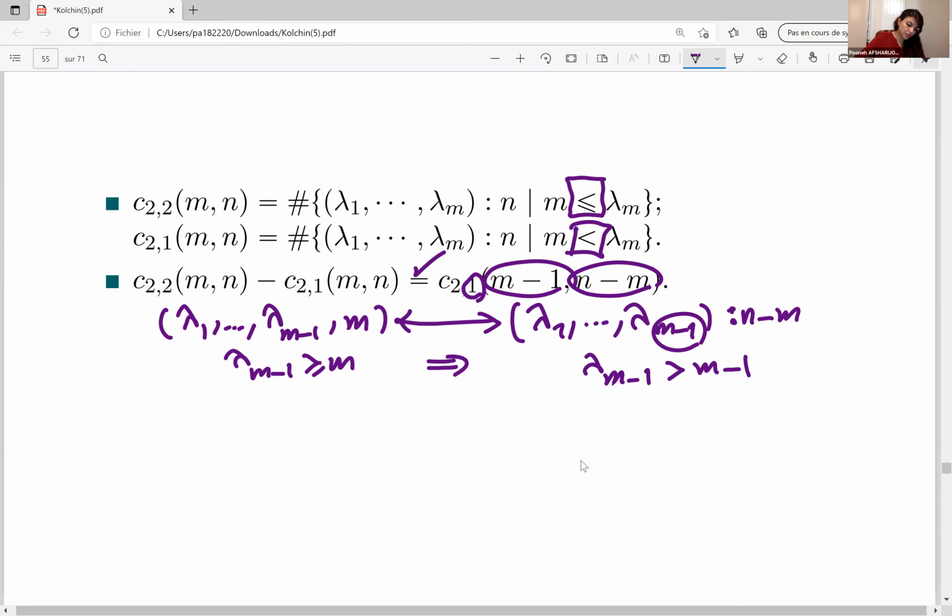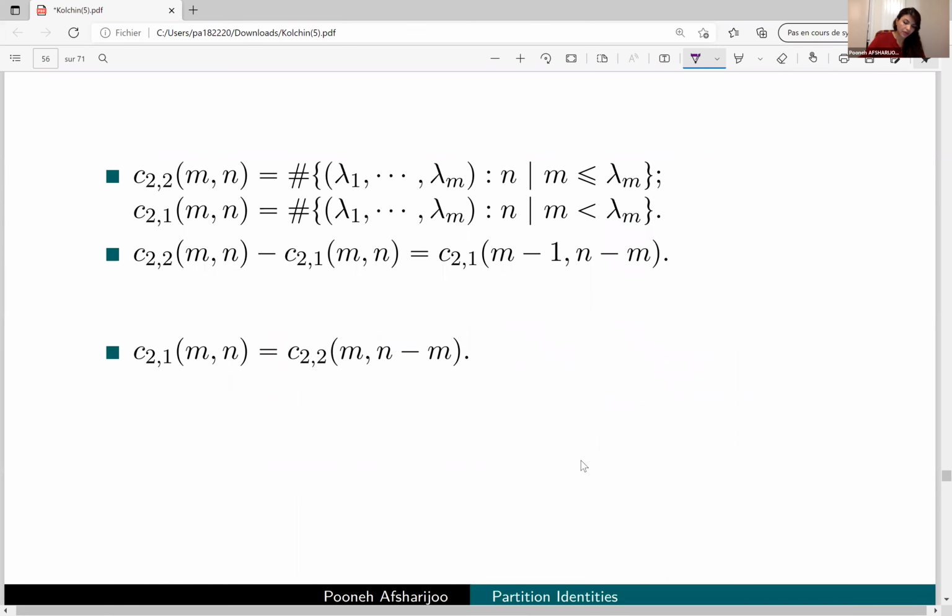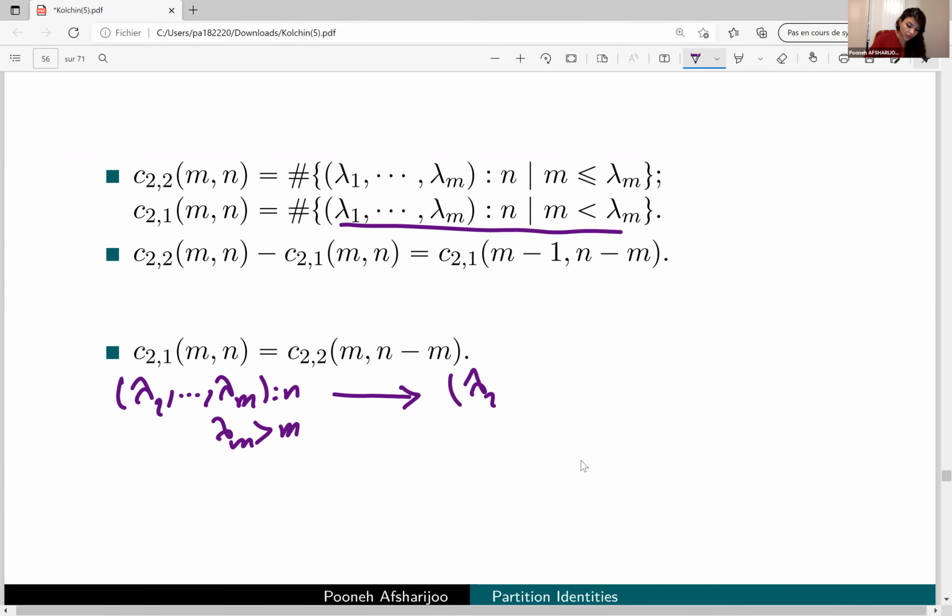In order to prove the last equation of Andrews' system for C_2i(m,n), again, we take a partition which is counted by C_21(m,n), and this time I transform it by removing 1 from each part.